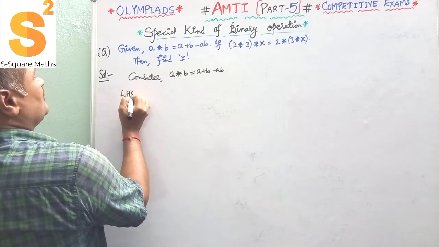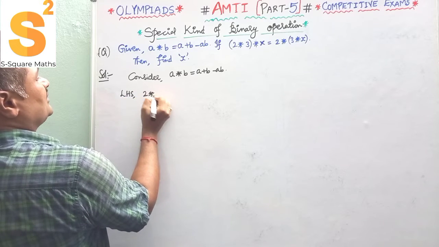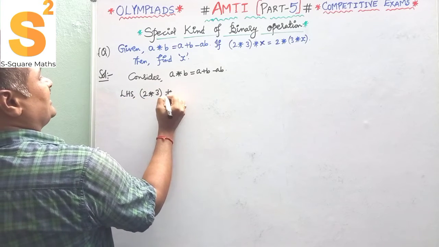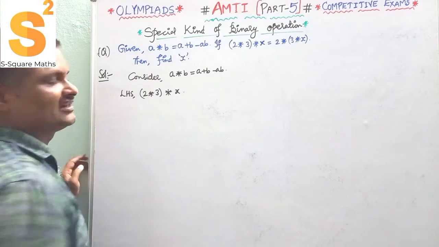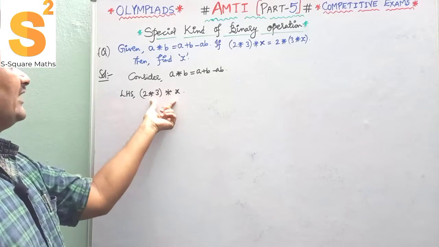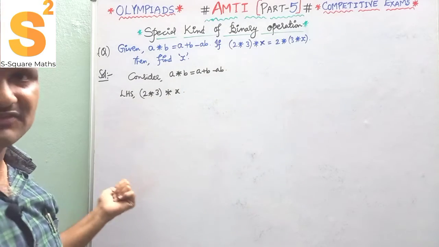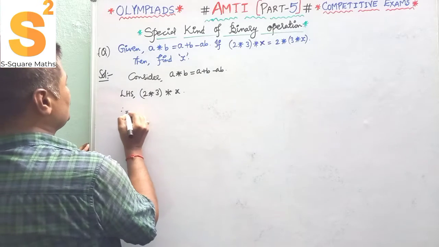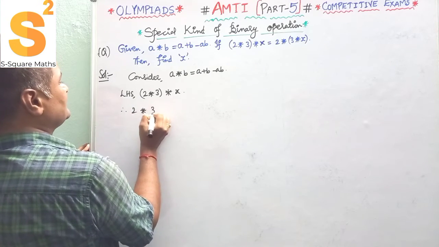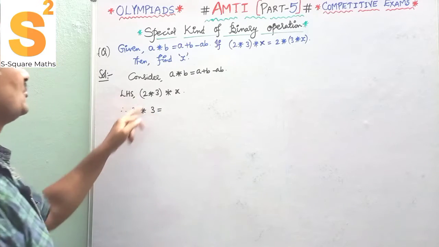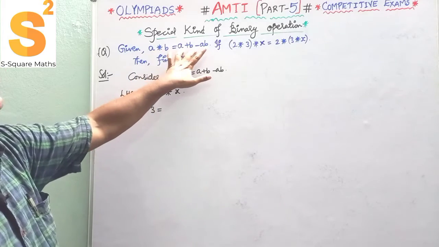Consider LHS now. What is our LHS? 2 star 3 star x. In this we have to consider the bracket first, according to BODMAS rule, as we know very well. So therefore 2 star 3, here A is 2 and B is 3. So substitute here.